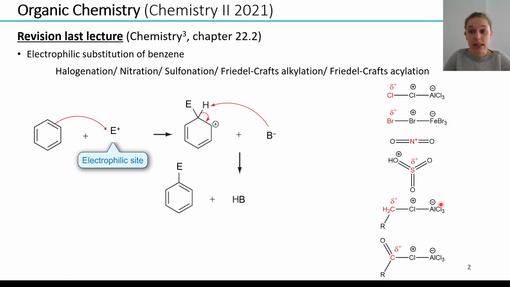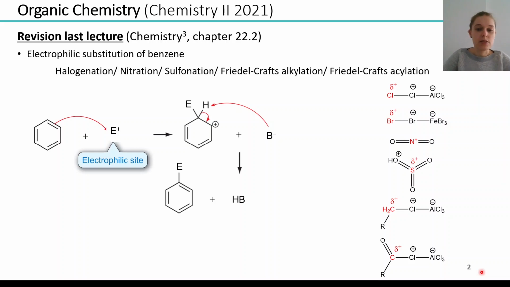In the Friedel-Crafts alkylation, the primary halogenoalkane reacts with the Lewis acid to form a more electrophilic coordination complex, which is shown here. Similar to the Friedel-Crafts alkylation, in the Friedel-Crafts acylation, the acyl chloride reacts with the Lewis acid catalyst to form this coordination complex.